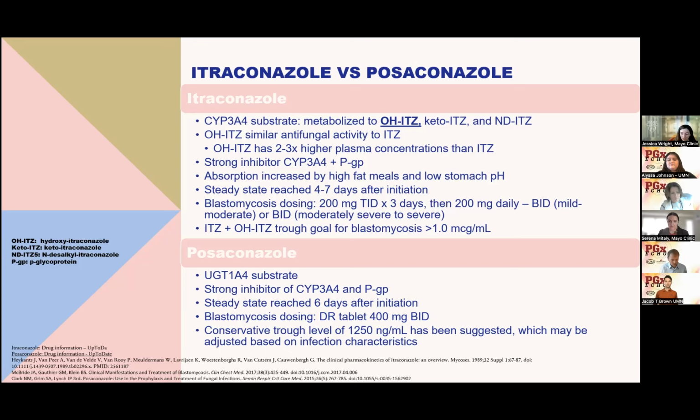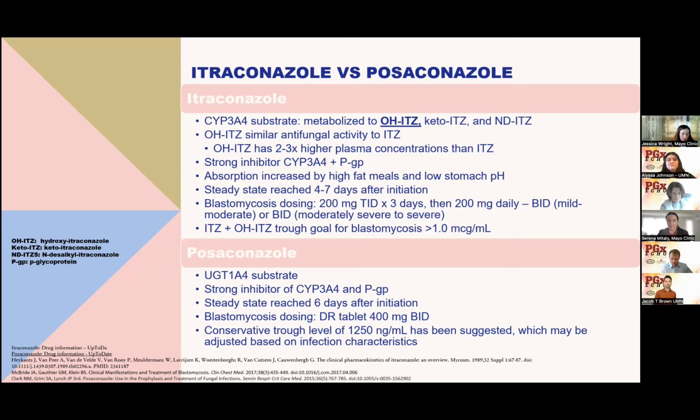And for blastomycosis, the dosing specifically for posaconazole with the delayed release tablet is 400 milligrams twice a day. Now, the trough level has varied a little bit depending on what type of infection it is, but for blastomycosis and for other types of more serious infections, a conservative trough level that has been suggested is 1250 nanograms per ml.